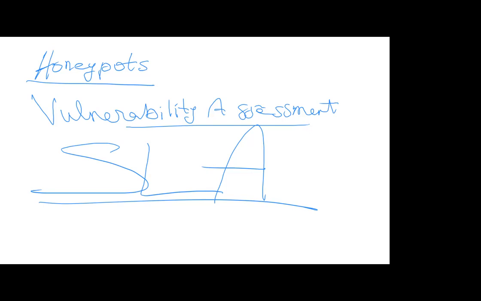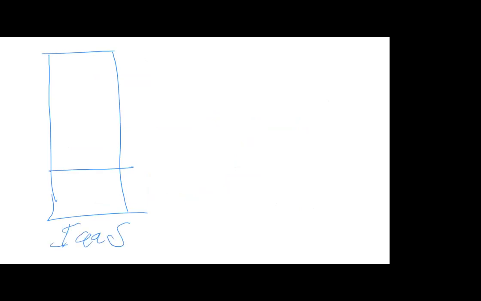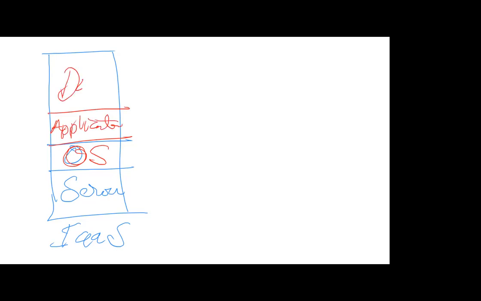Gentlemen, please don't be confused about your rights and what you can do. Let me give you an example. I have an IaaS service here from the cloud service provider. You rent the servers, you install the operating system, and you install the application and the data.